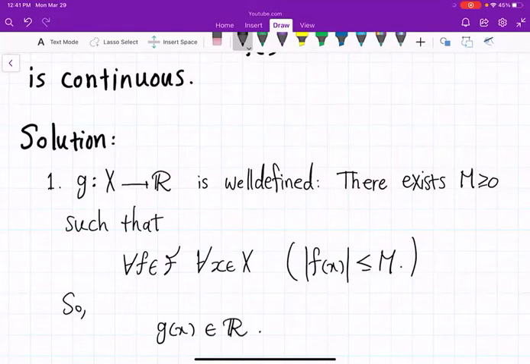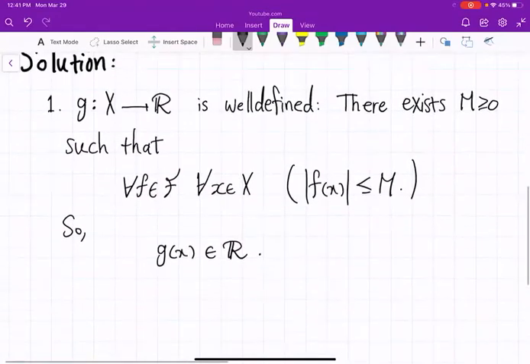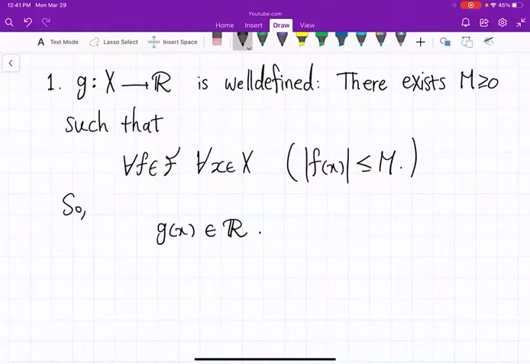In particular, it's not infinity or negative infinity. So that makes it a function that really maps into the real line. Now let's get to the continuity part.